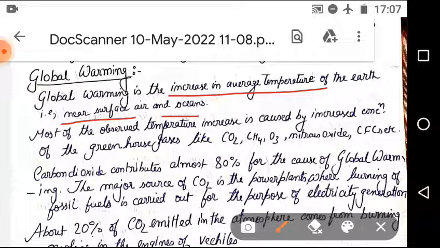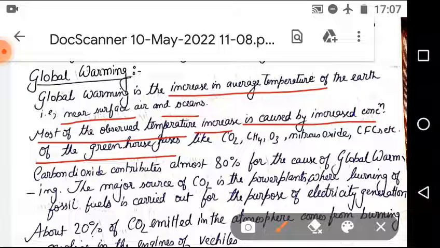The surface air found near the soil and the oceans increasing in temperature leads to global warming. Most of the observed temperature increase is caused by increased concentration of greenhouse gases like carbon dioxide, methane, ozone, nitrous oxide, and chlorofluorocarbons, also known as CFCs.